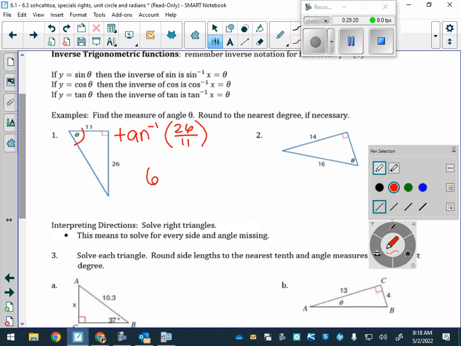All right. Good. Why don't you guys try number 2? Because here's your angle. This is opposite over adjacent. That's when you use. Okay.